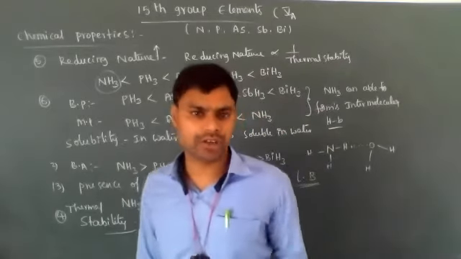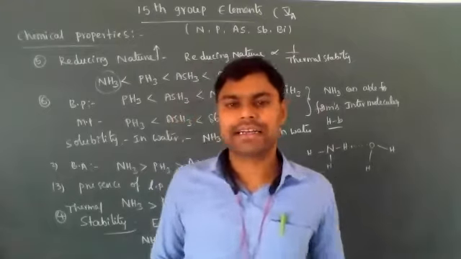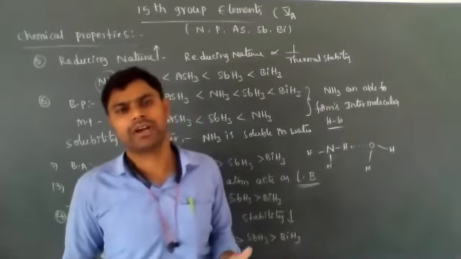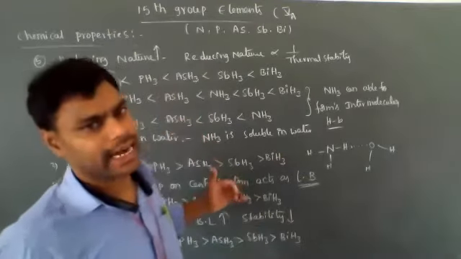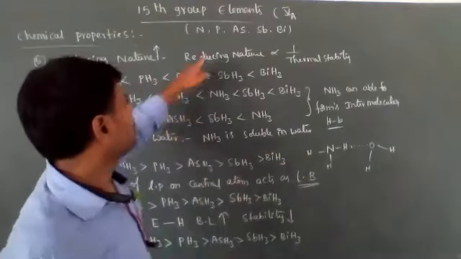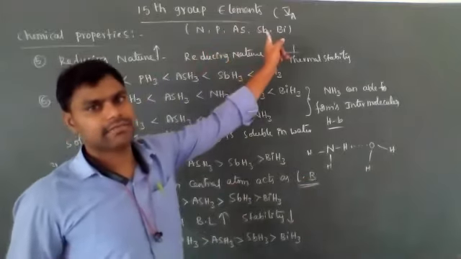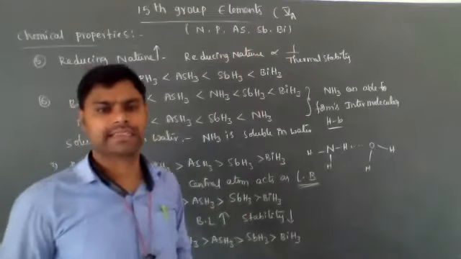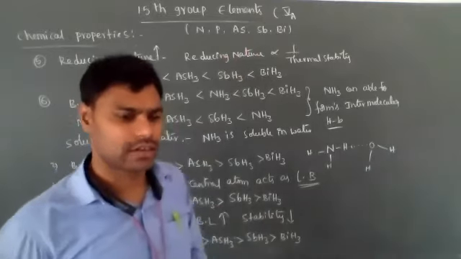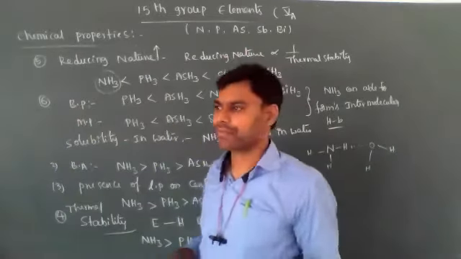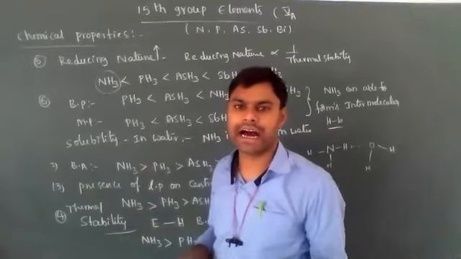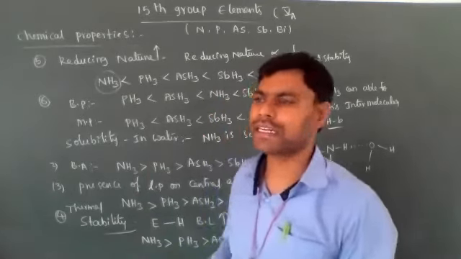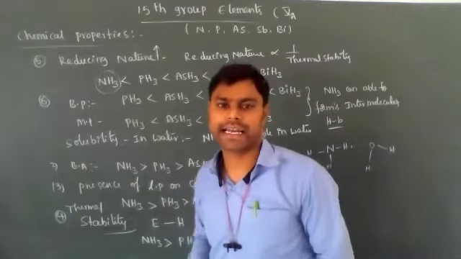Another method is also present: the corresponding element trihalides, NCl3, PCl3, AsCl3, SbCl3, BiCl3, treated with lithium aluminum hydride, or zinc in the presence of dilute HCl, give the corresponding group 15 element hydrides.